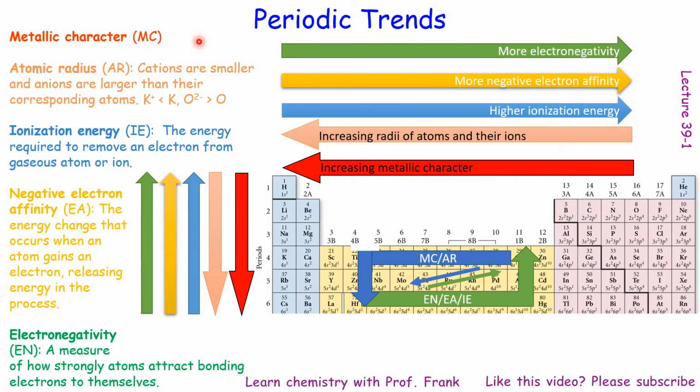You already saw this periodic trend slide in Lecture 8. There we talk about 5 different periodic trends: metallic character, atomic radius, ionization energy, negative electron affinity, and electronegativity.